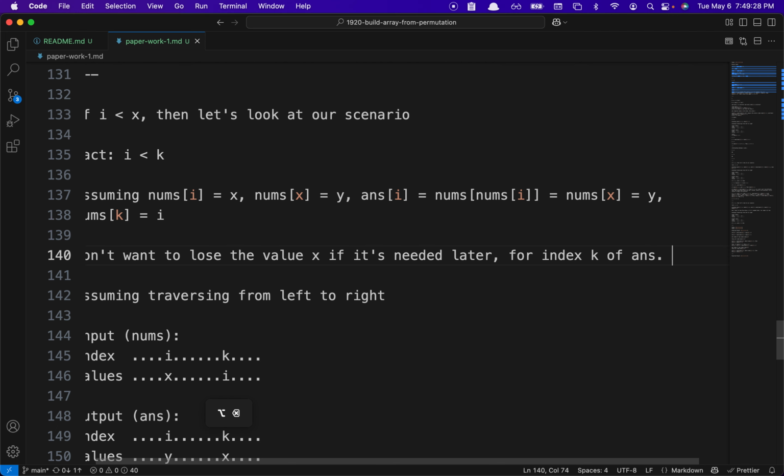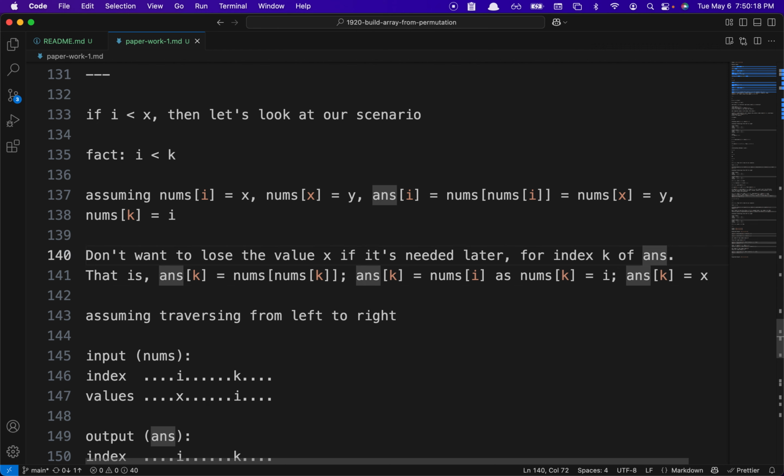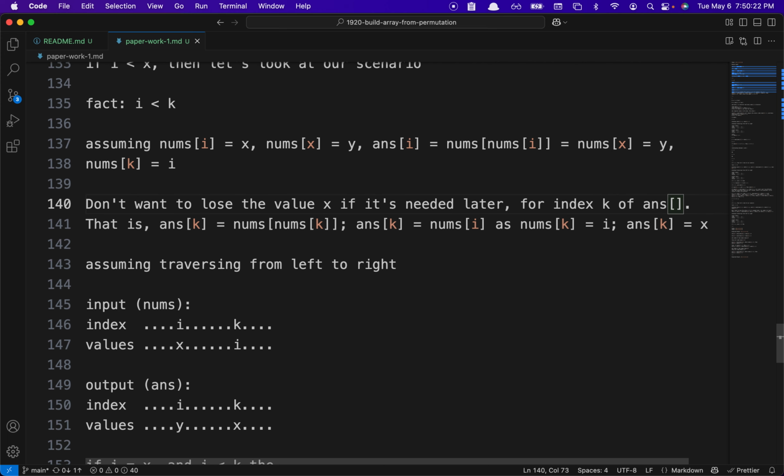So for example, answer of K equals nums of K, and nums of K is I. So answer of K equal to this, as nums of K is equal to I. Then answer of K is equal to nums of I, which is X. Right?